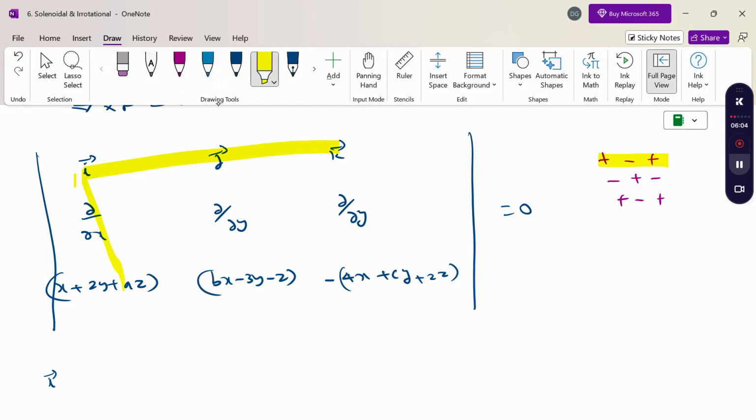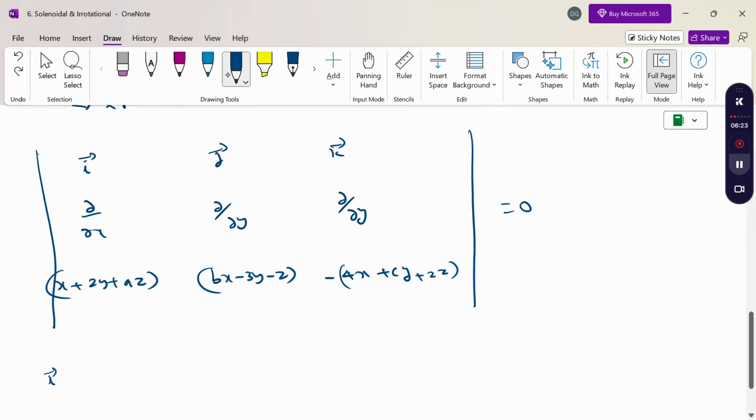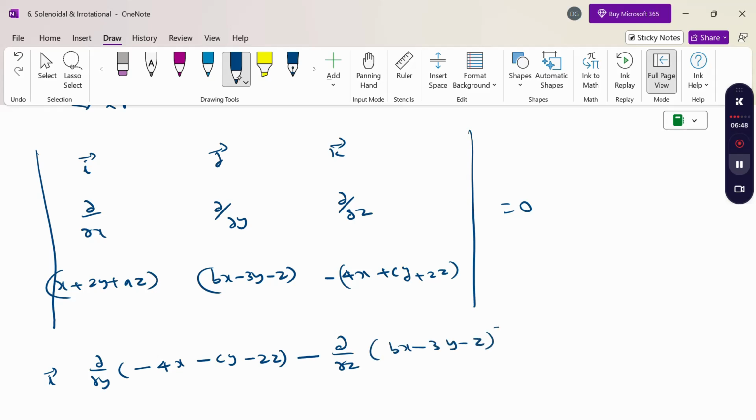So i vector: dou by dou y of the third component, minus 4x minus cy plus 2z, minus dou by dou z of bx minus 3y minus z. This is the i vector.